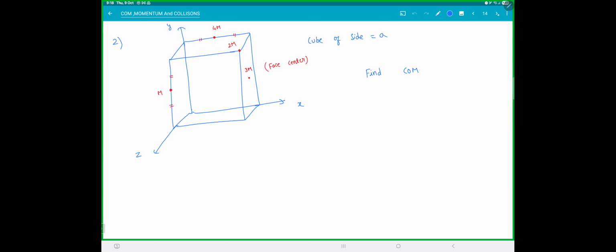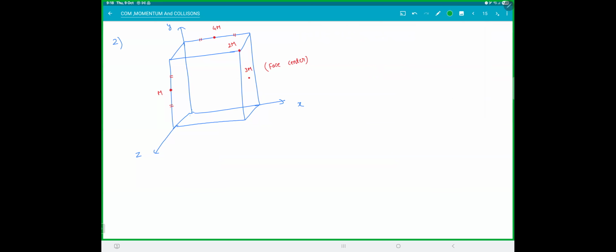Let's see. 7, 8, 9. Yeah, we have different answers. 0.78, 0.45. Let's get the coordinates first, everyone. If you got the coordinates, the question is over. There's nothing there. I told you how to get the coordinates.